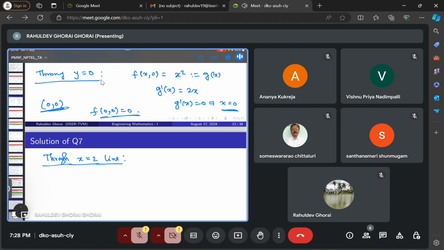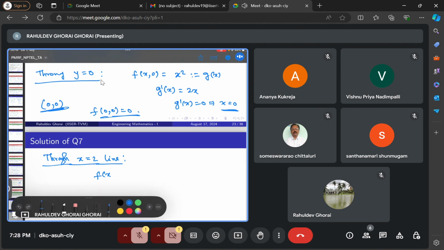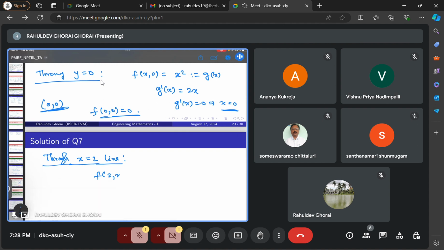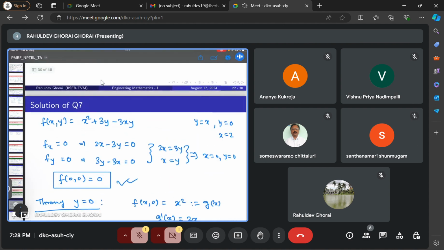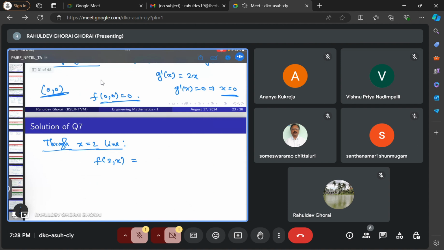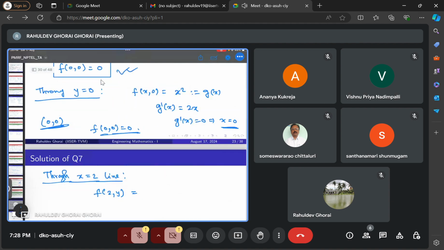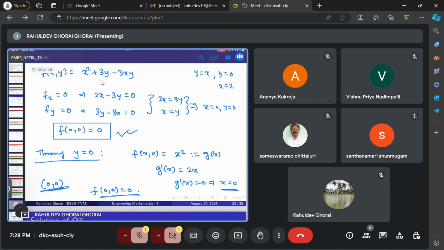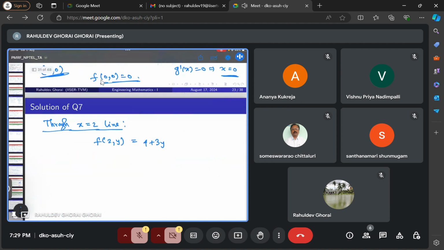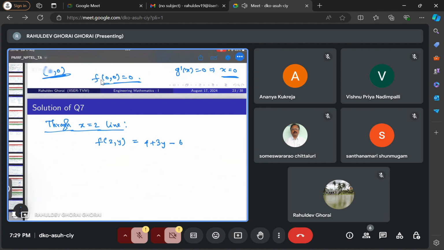So through x equal to 2 line, the function will be f of 2, y. Don't make a mistake. So f of 2, y will be 4 plus 3y minus 6y, right? 3 times 2, 6, minus 6y, which is nothing but 4 minus 3y.